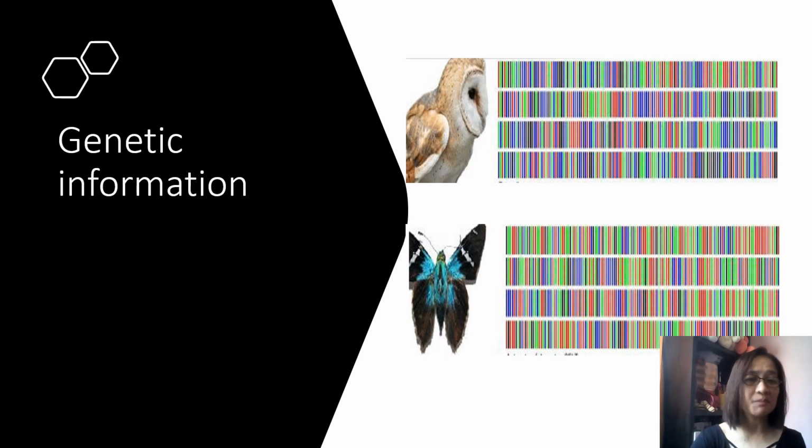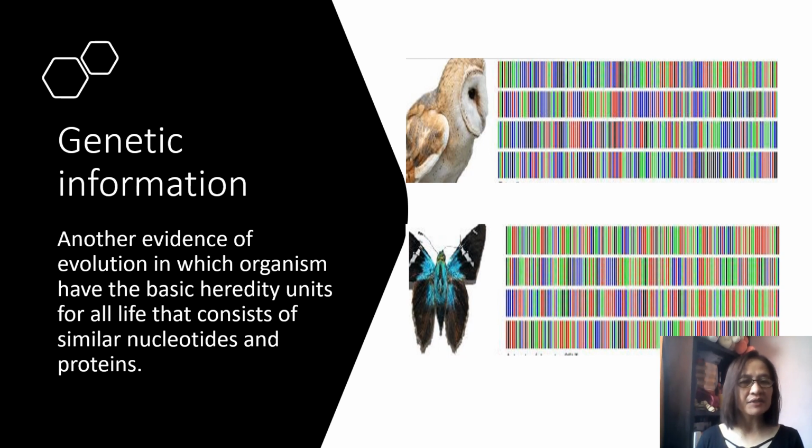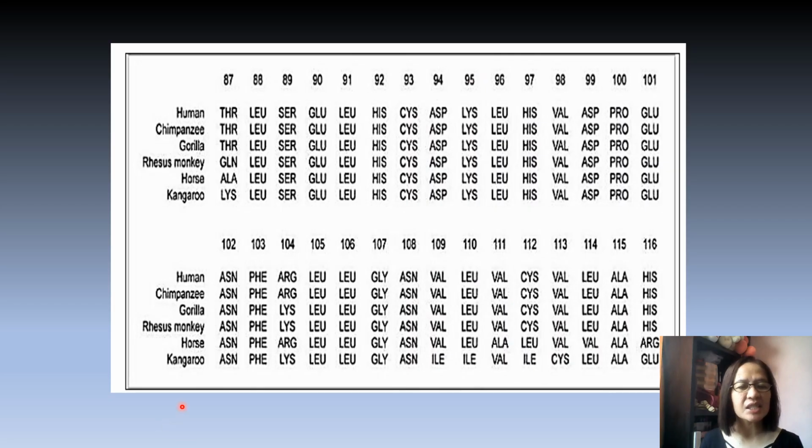Genetic information. Another evidence of evolution in which organisms have the basic heredity units for all life that consist of similar nucleotides and proteins. This is the sequence of amino acid for each organism. This is the organism and this is their amino acid. Okay, basahin muna natin.